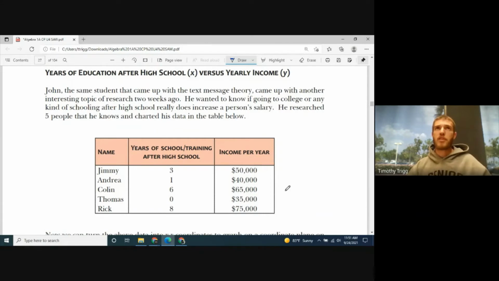Now, I do want to mention that this data, as well as the data we did with the text messages and being able to study, those produce perfect lines. But usually when you get real data from people or just real data in general, it won't make a perfectly straight line usually, okay?